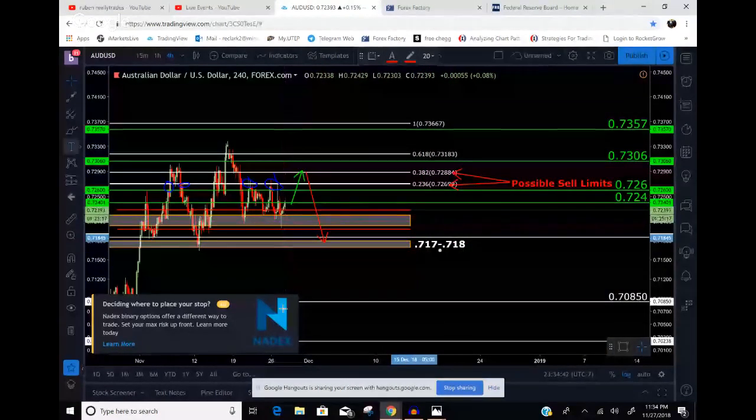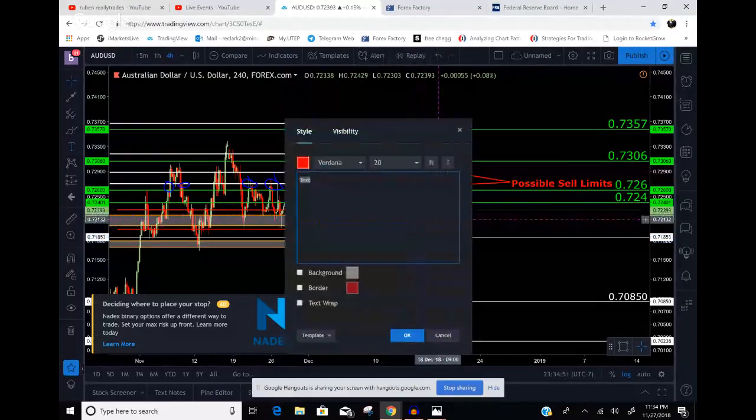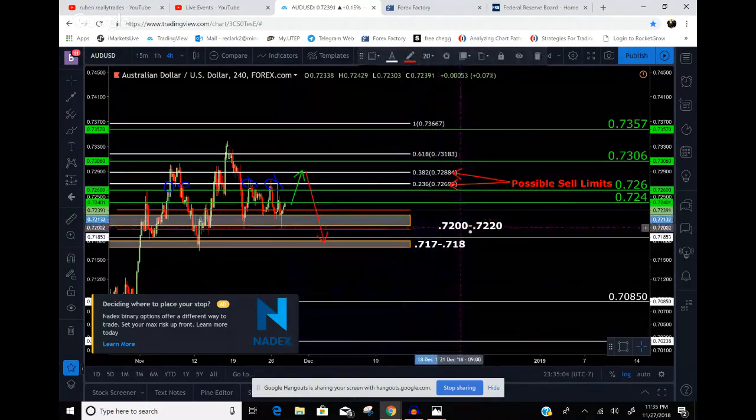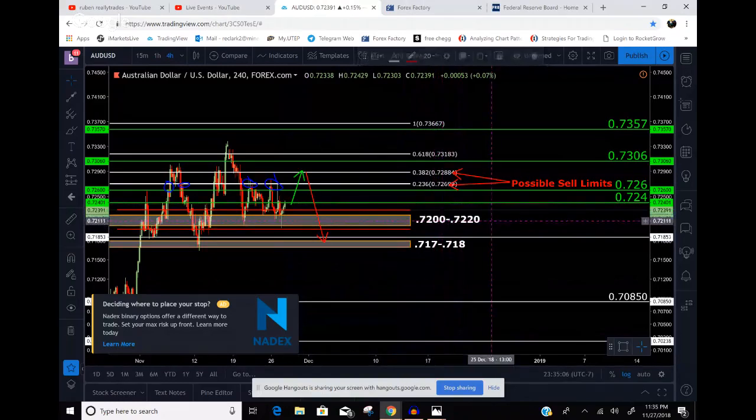Let me see what price this is. 0.7202, 0.7200 through 0.382. So cool little 20 pip box once again. This is TP1 and TP2 that I'm looking at for price.